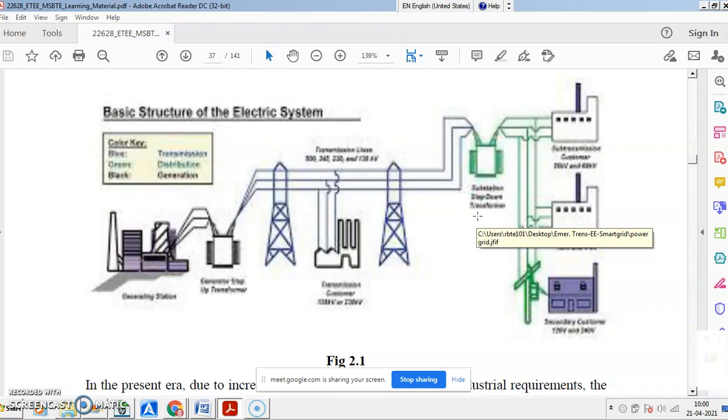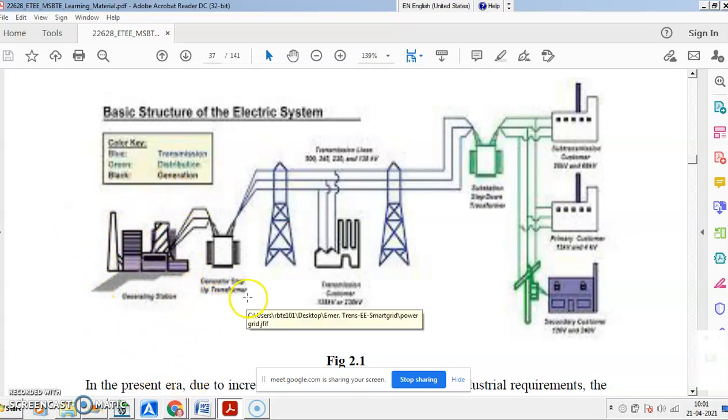So we have transmission. Then we have particularly three sections. You have the generating stations, then the step up transformer, then the transmission section, then the distribution, and then the utility or load.